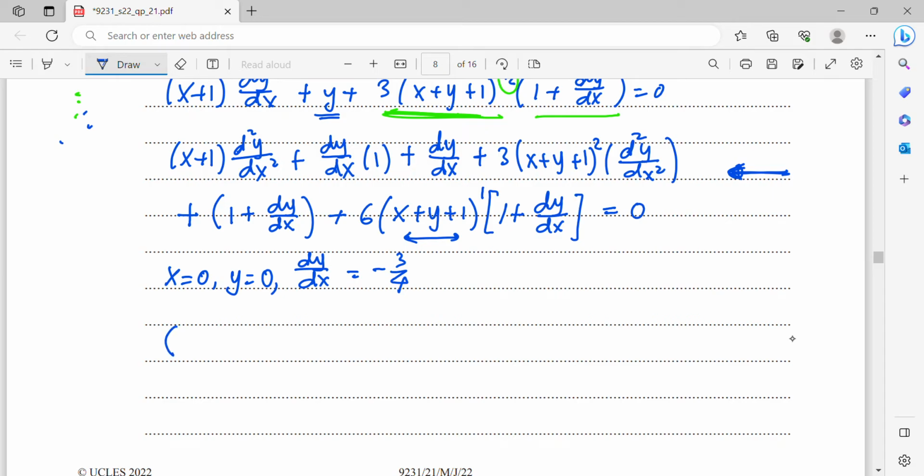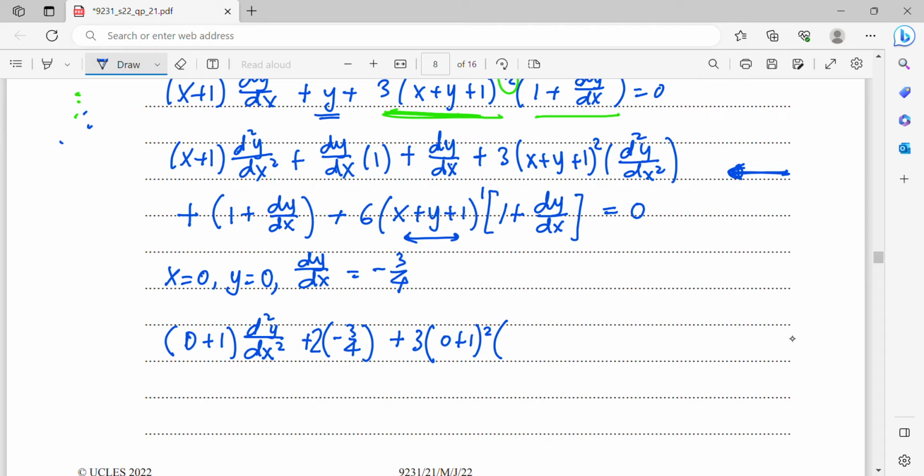So I will get 0 plus 1 is 1. Oh, I do step by step. d squared y over dx squared plus dy dx is negative 3 over 4. Okay, times 1 is still the same. Then plus another dy dx means I times 2. Then plus 3. 0 plus 0 plus 1. So 0 plus 1 squared.